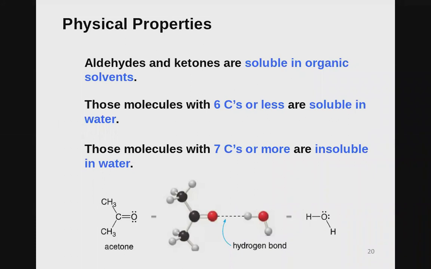Not as strongly as with alcohols, but it still happens. So because of this hydrogen bonding that can occur, ketones and aldehydes with 6 carbons or fewer are soluble in water. However, those that are larger than 7 carbons are simply insoluble in water. And it's kind of a general property, right? As you increase the number of carbons, it's just simply too hard for water to dissolve those things.